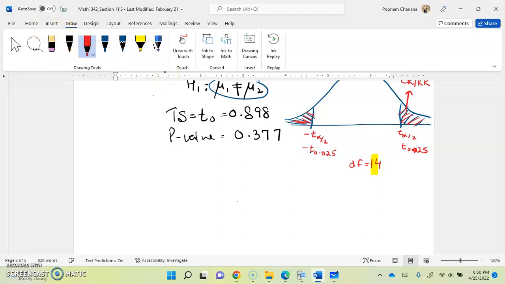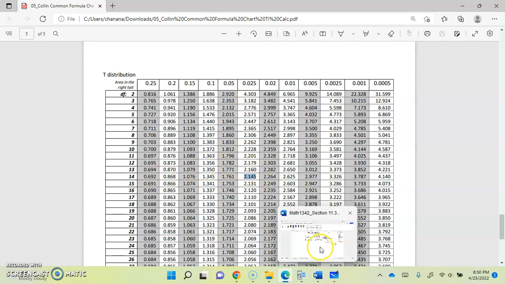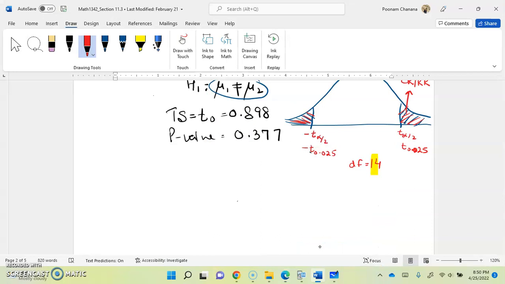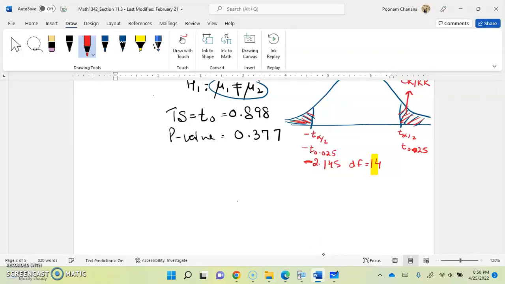So we need to look at our formula chart. At 14 degrees of freedom and 0.025, the number is 2.145. So this value is negative 2.145 and this is 2.145.